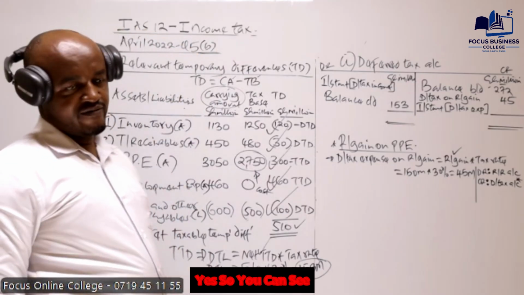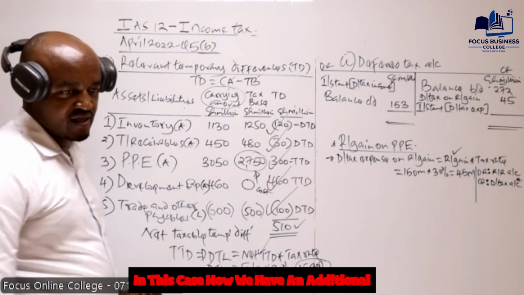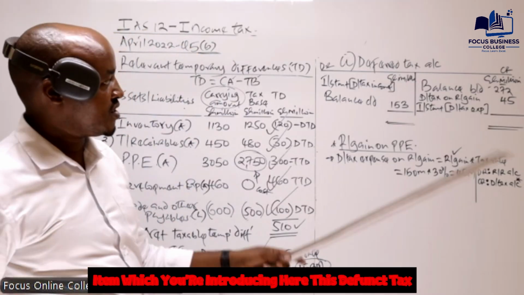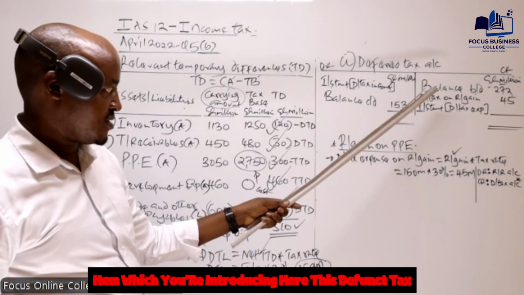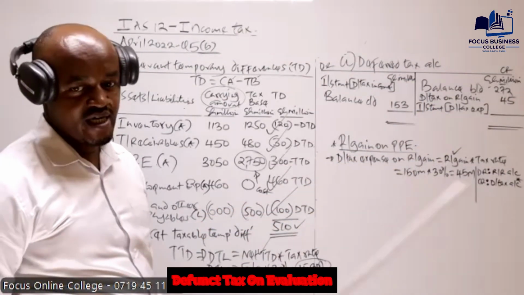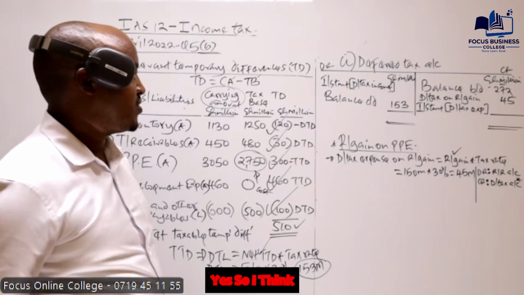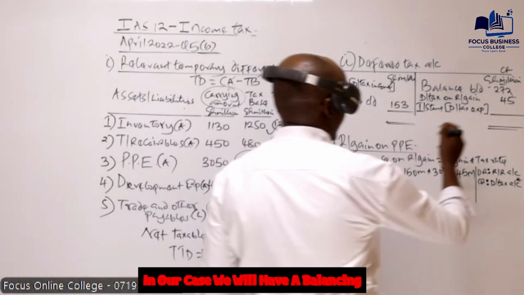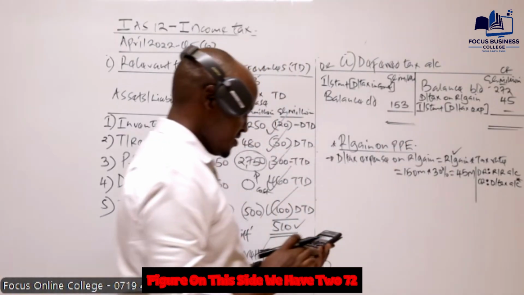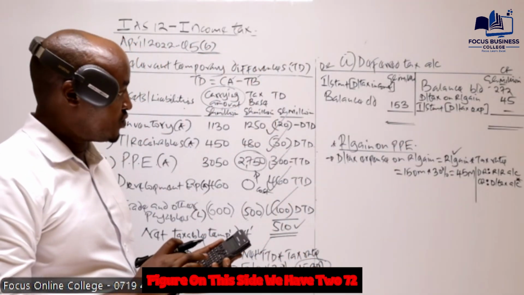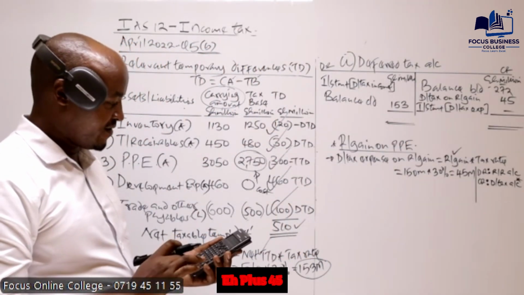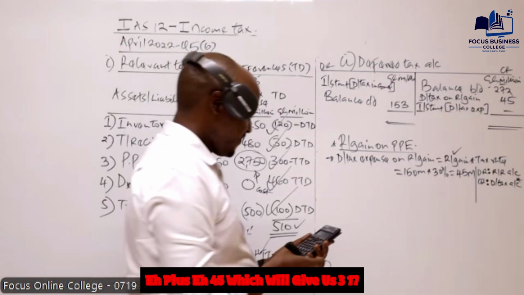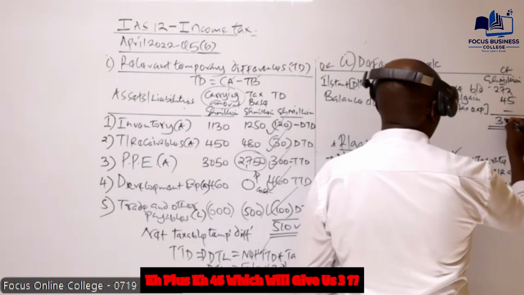So you can see from what you have done in the other question, in this case we have an additional item which we are introducing here, the deferred tax on revaluation gain. In our case we will have a balancing figure on this side. We have 272 plus 45 plus 45, which will give us 317.